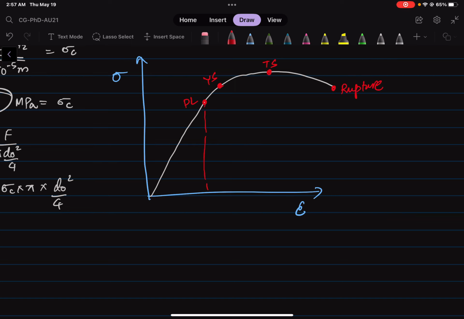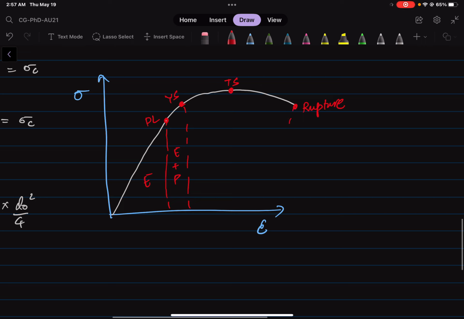Right, and this is the elastic region. This is the elastic plus plastic region. And then this entire part is the plastic region. And in this plastic region, this region is the work hardening. And then in this last region is where you have necking followed by a rupture, right?